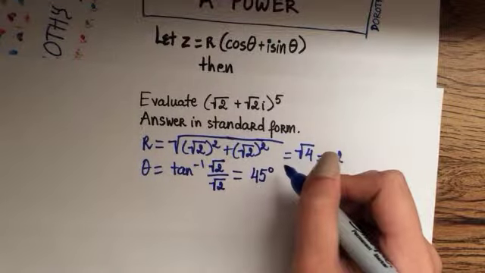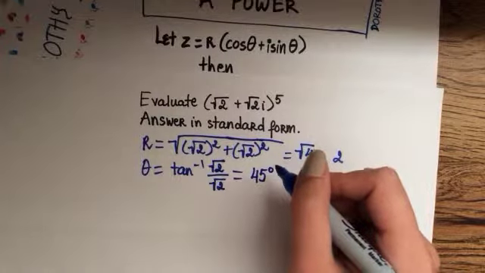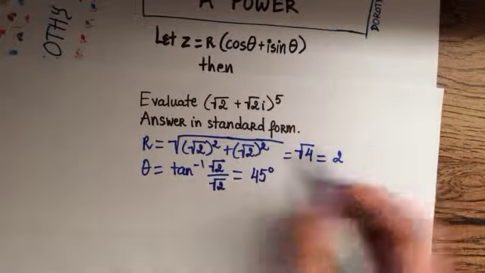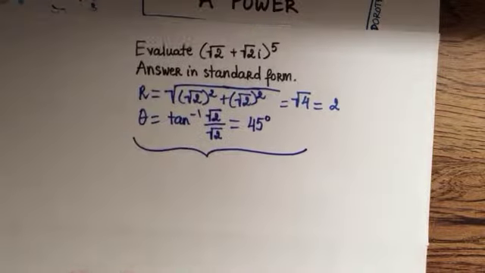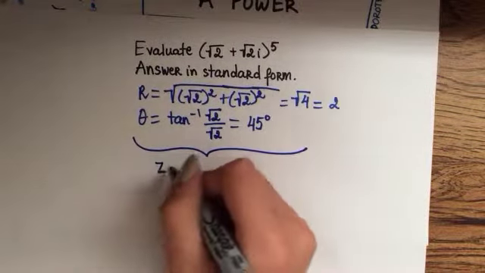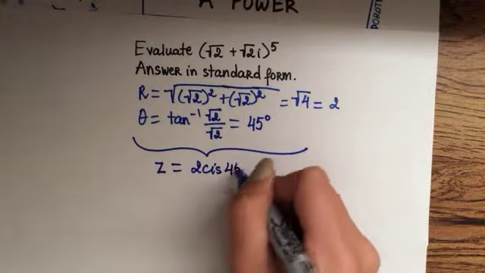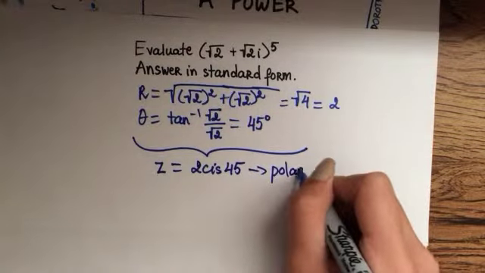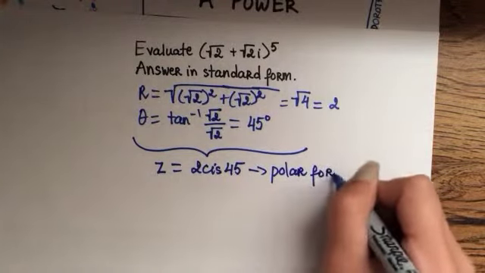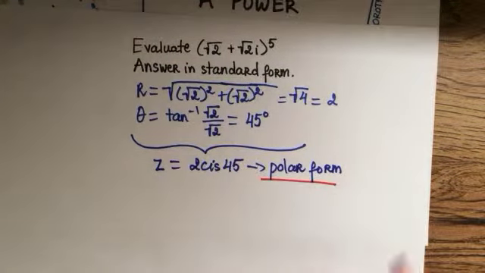You can do this by looking at your unit circle, or you can put it in your calculator and it will give you the exact number. So with your theta and your r, you get the formula z equals 2 cos 45 plus i sin 45, which is your polar form. And now you can start with the problem.